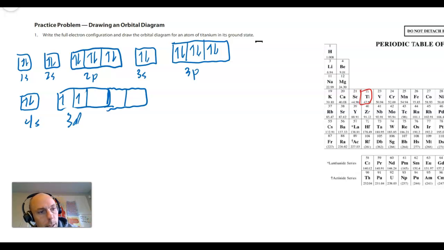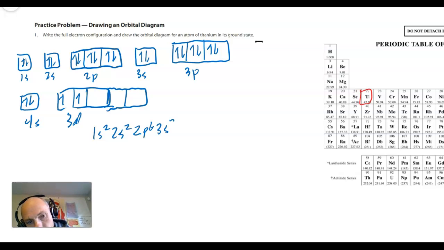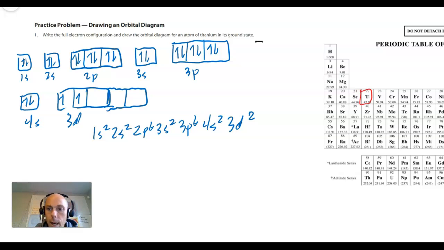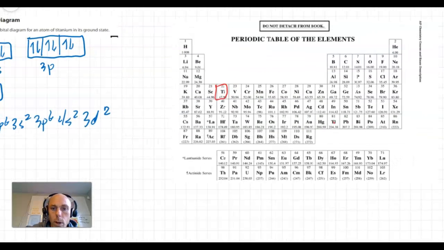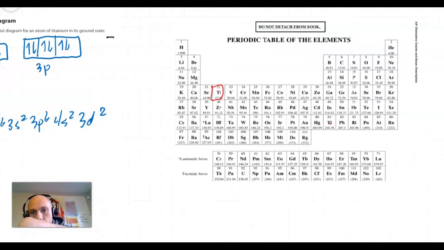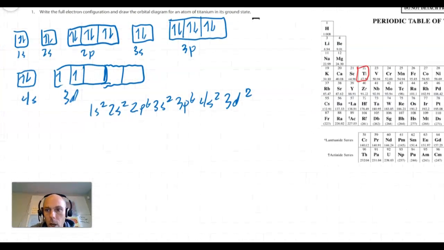If I convert this to the electron configuration, I've got 1s2, 2s2, 2p6, 3s2, 3p6, 4s2, finally 3d2. And if we were to do the core notation without the full electron configuration, we would go to the row above titanium and bracket the noble gas, argon.